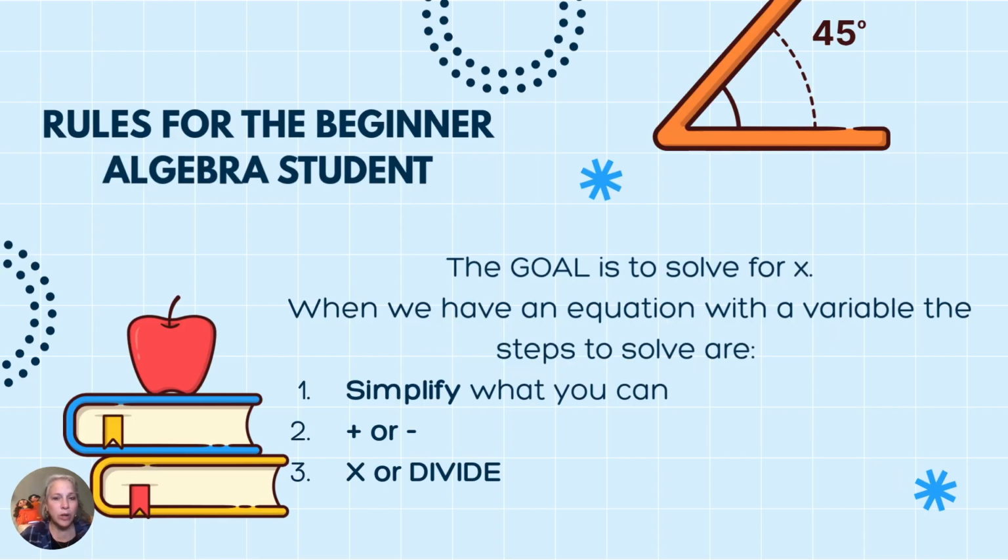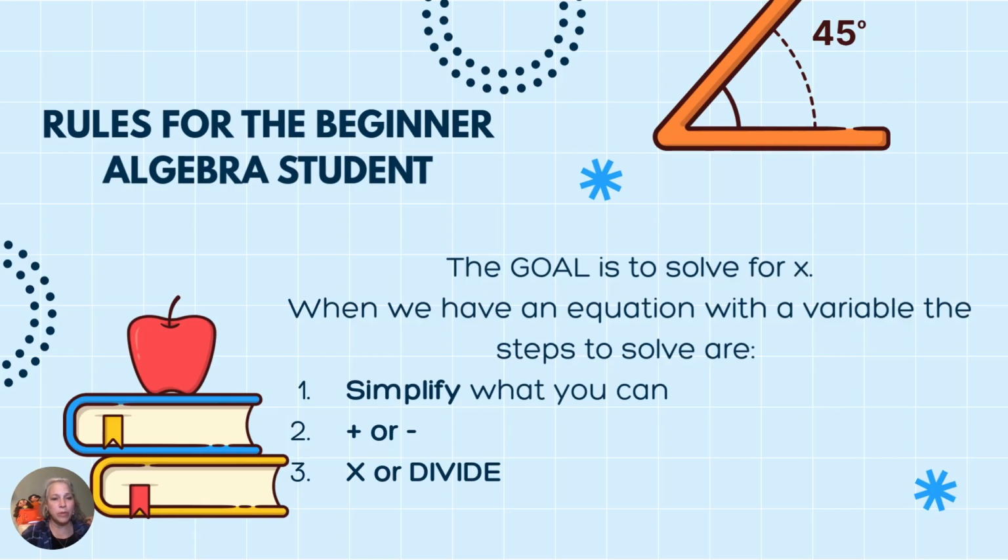When you are solving an equation in algebra, the goal is to solve for x, as we just stated. So some teachers will say, let's solve for x, or they're going to say, isolate the x, or get x alone by itself on one side. And when we have this equation with a variable, and right now we're talking about one variable, the steps to solve are these.